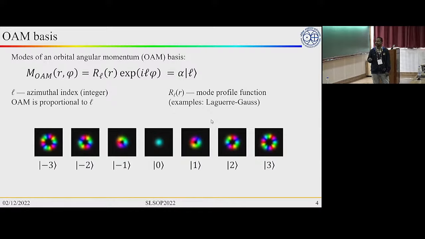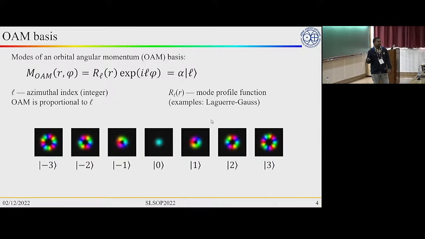If I plot the intensity distribution that you saw two slides back, the Gaussian has no L, so I write it as 0. On the positive side it's 1, 2, 3, on the negative side -1, -2, -3, and you can span the whole Hilbert space from -infinity to +infinity.